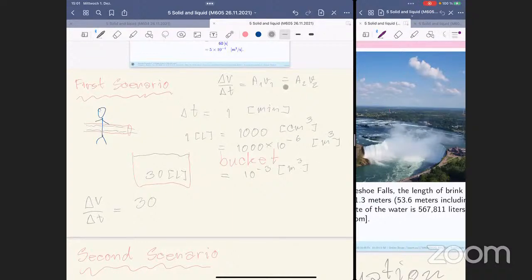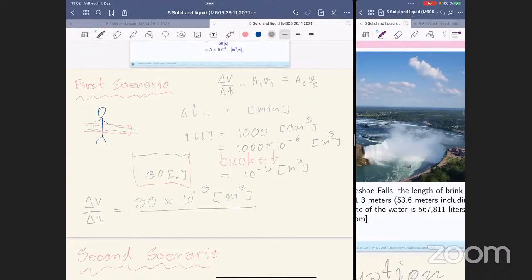So 30 liter, if you convert it to cubic meter, you multiply it by 10⁻³ cubic meter, per time.